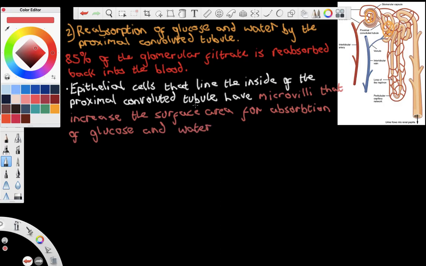So by having a larger surface area, this increases the rate of diffusion and osmosis.